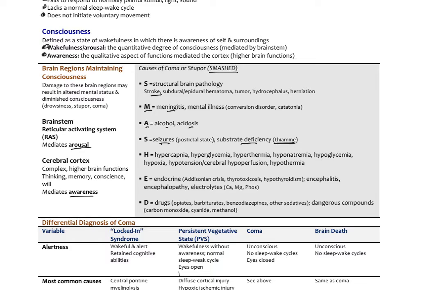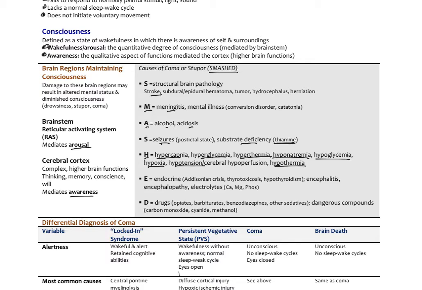Thiamine, B1, is a big one. And that can happen in chronic alcoholism, depletion of vitamin B1. And then H for hypercapnia, high carbon dioxide in the blood, high acidity, hyperglycemia, hyperthermia, hyponatremia, low sodium, and hypoglycemia, low blood sugar, hypoxia, hypotension, and hypothermia.